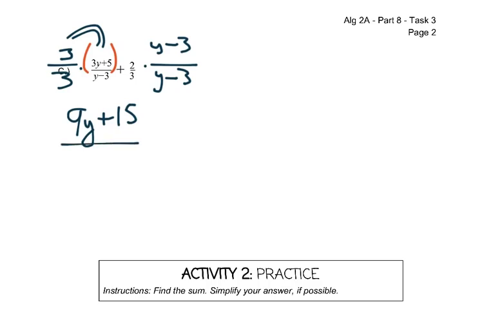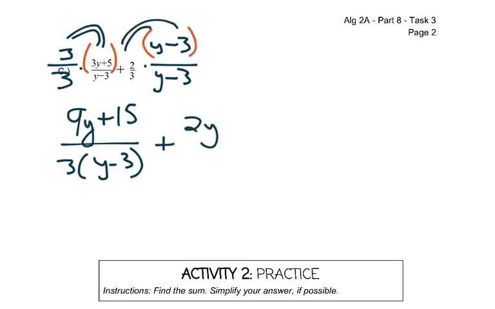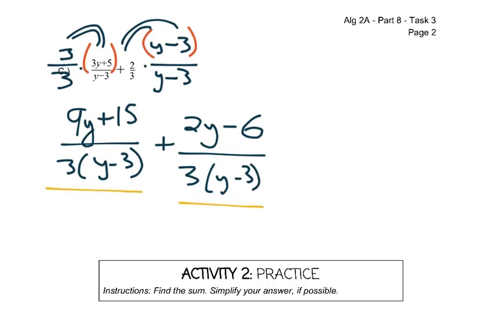Now here, I'm not going to distribute the 3 in the denominator because I want things to be in factored form in the denominator. So then over here, I'm distributing the 2. So 2 times y, 2 times minus 3, over, again, 3 times y minus 3. Notice, that and that are the same. That was the whole purpose of that.